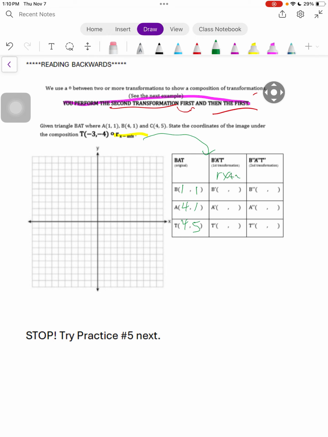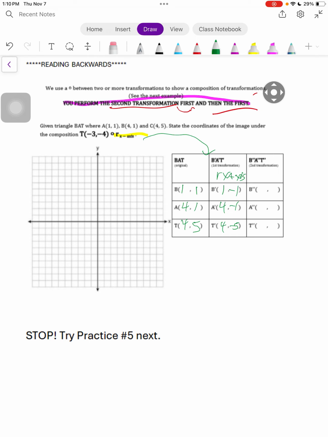Reflecting over the x-axis means switch the, hopefully you picked y. So (1, -1), (4, -1), (4, -5). I'm not even going to graph the original. I'm just going to graph the second one, unless it tells me to graph that. It might even say graphing is optional.